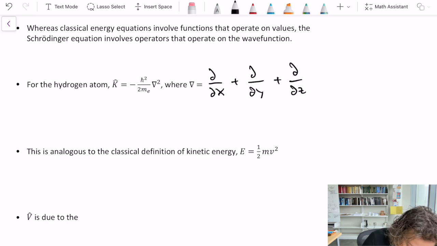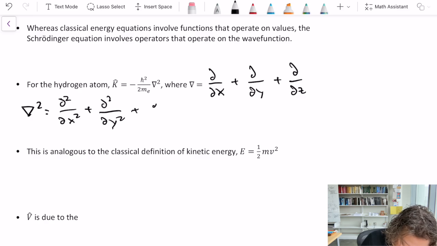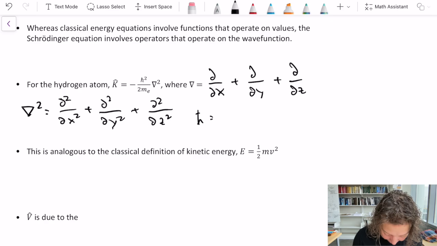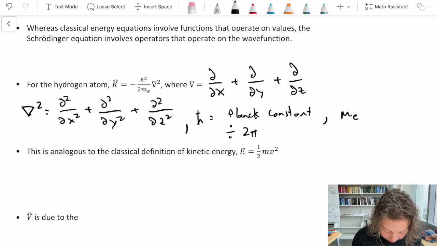If I take the nabla squared, that's going to be basically the square of the partials. These have other names, I think, and I've forgotten them because it's been a long time since I've been in a class like that. Other terms, this h bar is Planck's constant divided by 2 pi. m_e is the mass of an electron.